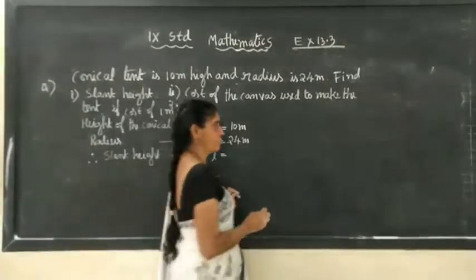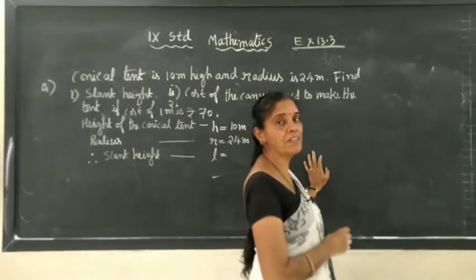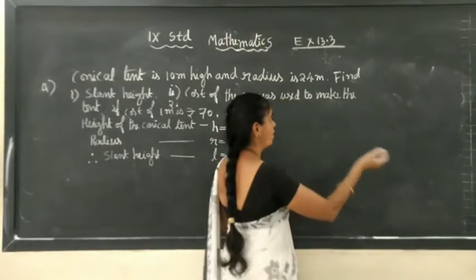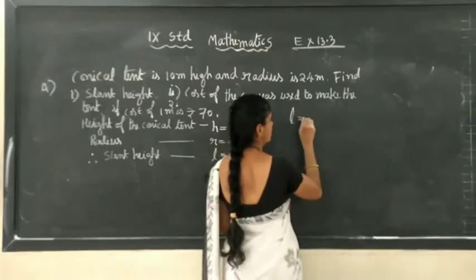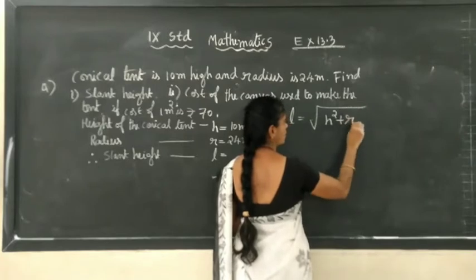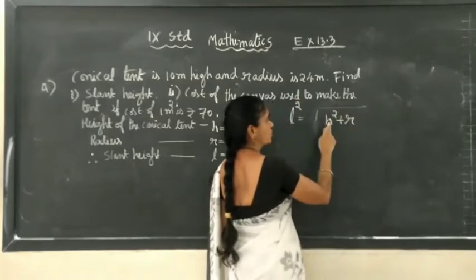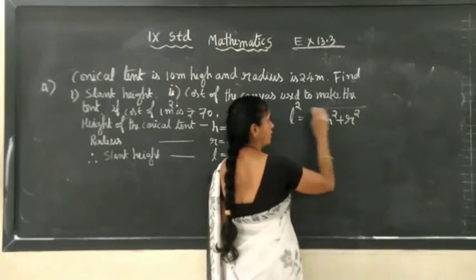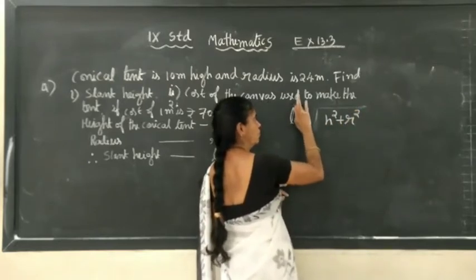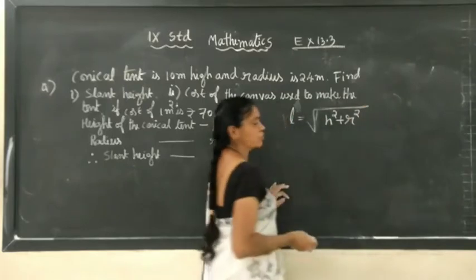Now what is the relation? One formula we have studied in the last class. Do you remember? Yes. Some of you got the answer. l is equal to square root of h square plus r square. You learned like this way. l square is equal to h square plus r square, but I want l here, so to remove the square you have to do square root.